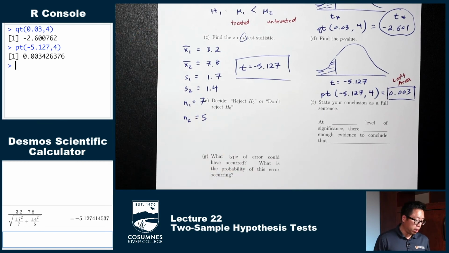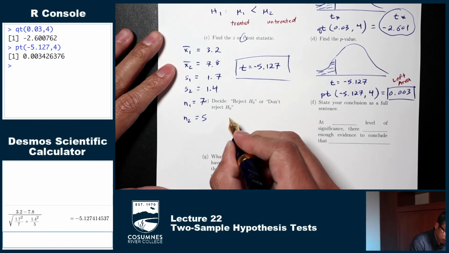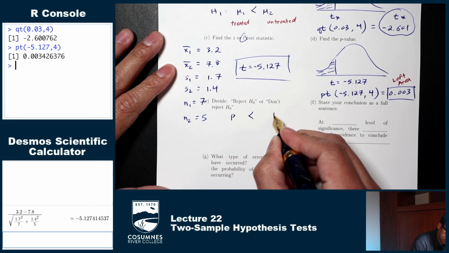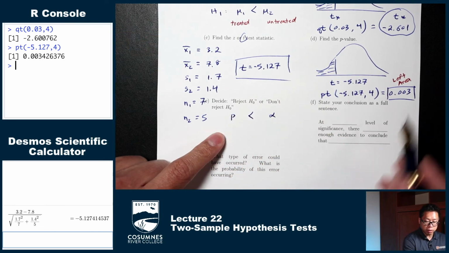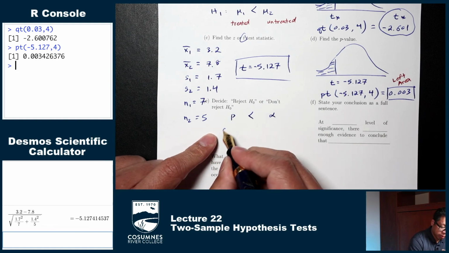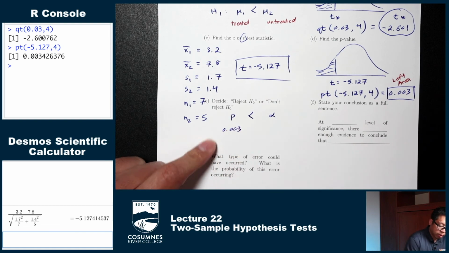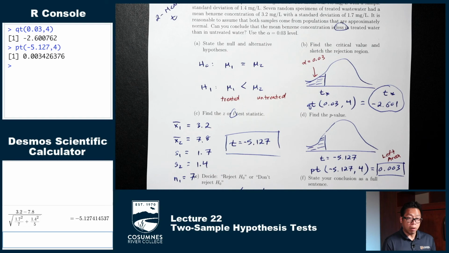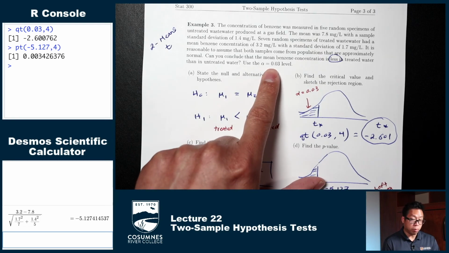Part E, reject or don't reject. So to decide, look at your p-value and see if it's less than the alpha. Our p-value is 0.003. Our alpha, 0.03.